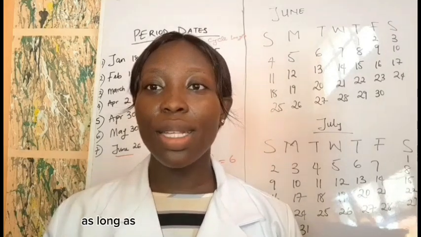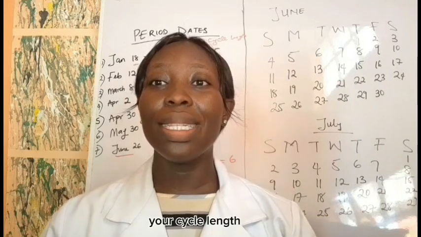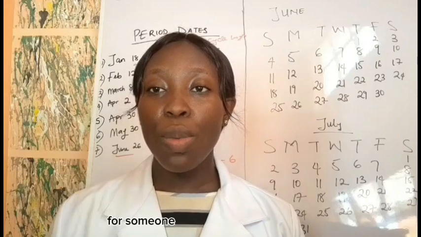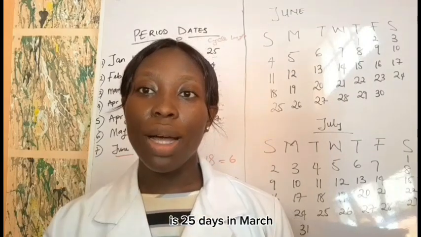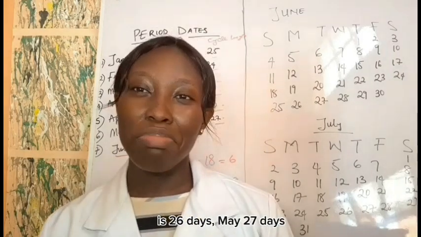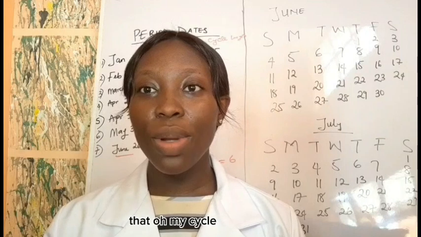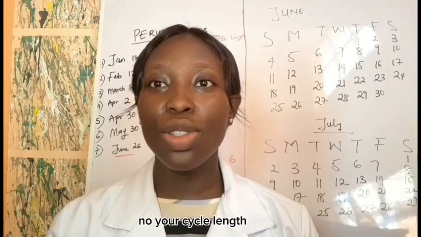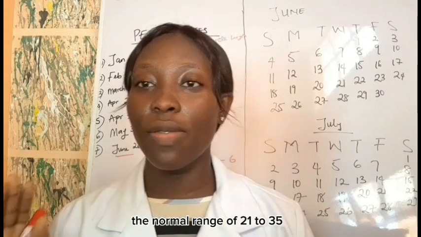As long as your cycle length falls between this range, your cycle length is regular. It may just vary. For someone whose cycle length in January is 25 days, in March is 26 days, and in May is 27 days, this person may think, oh, my cycle length is irregular. No, your cycle length just varies because it falls within the normal range of 21 to 35 days.